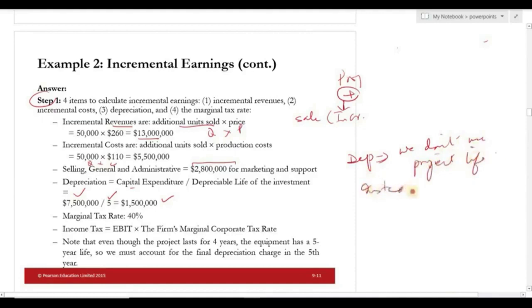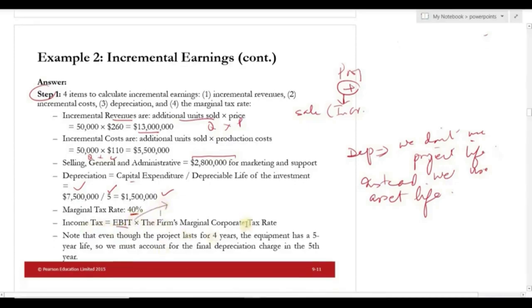Instead we use asset life, so you need to remember this. The marginal tax rate is 40%. So how can I find the tax? Of course I need to find the income tax, that is EBIT multiplied by the tax rate, but first we need to find the EBIT.